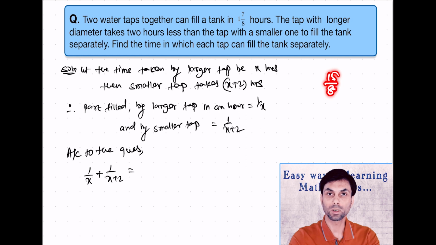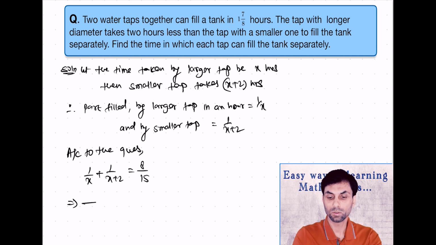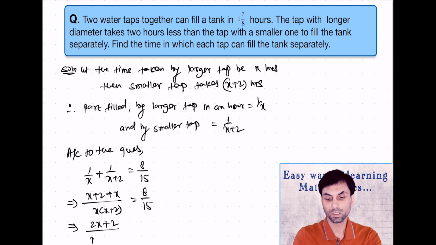So if this is the total part, the one part will be 8 upon 15. So we can write it as 8 upon 15. And now taking LCM, x into x plus 2, this will be x plus 2 plus x equals 8 upon 15, which will be 2x plus 2 upon x square plus 2x equals 8 upon 15.